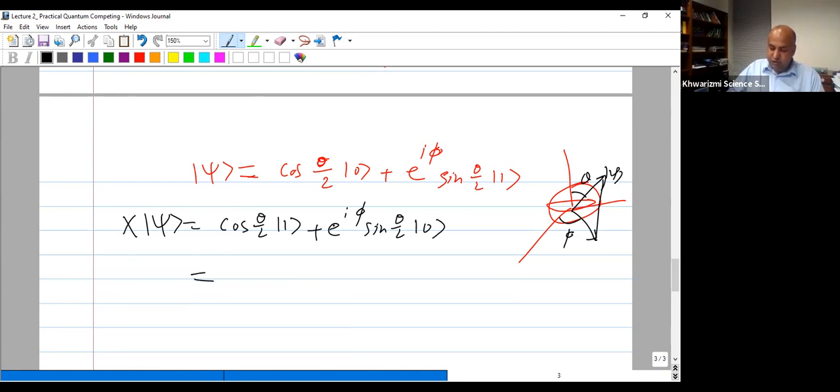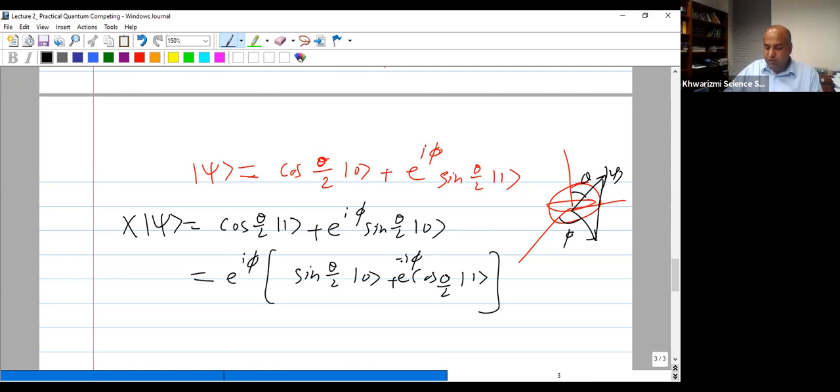If I take e to the power iota phi common, I get sine theta by 2 into 0, plus cos theta by 2 into e to the power minus iota phi into 1. When I took e to the power iota phi common, there's no e to the power iota phi with the cos theta by 2 term, so I put e to the power minus iota phi. And I just write this thing later and this thing earlier, so that it looks sort of similar to the original.